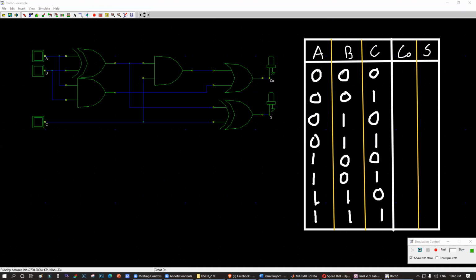Now check. For 0, 0, 0, what is your result? 0, sir. Both of them are 0, right? Okay. Now check. If I make it 1, 0, 0, 1, what is your result? CO is still 0. What is your sum? Is 1, right?